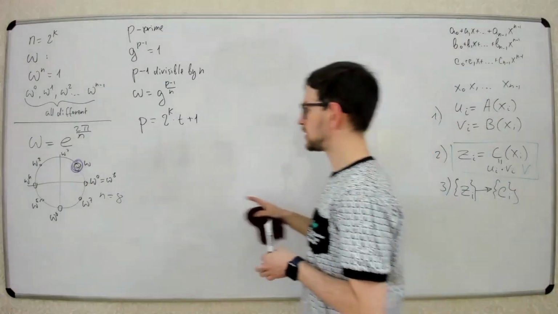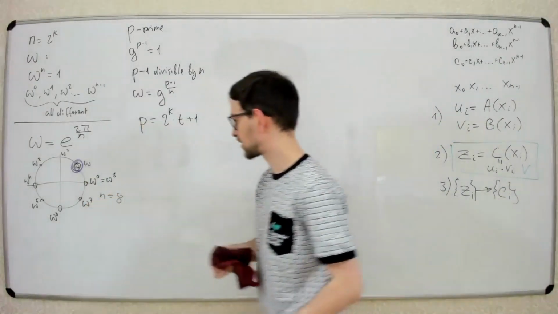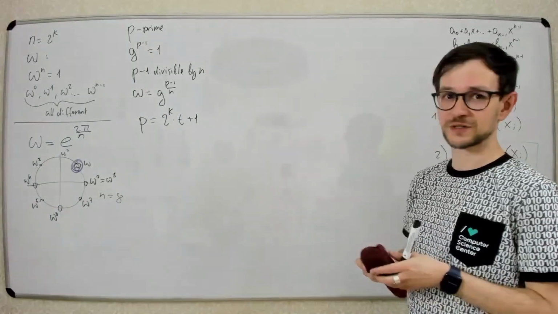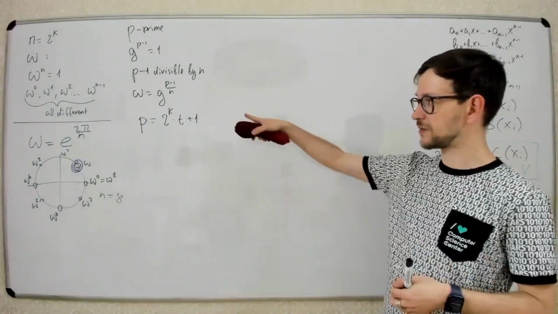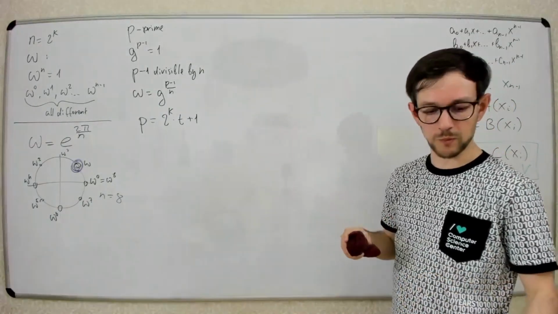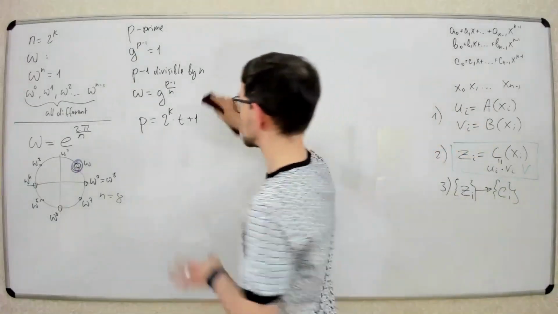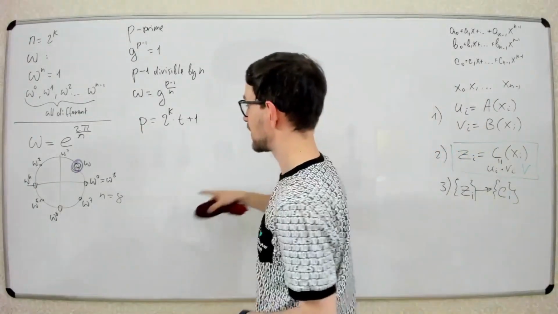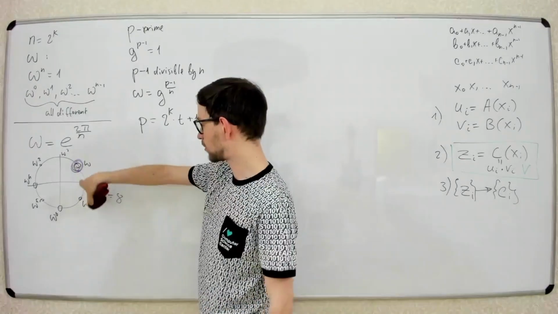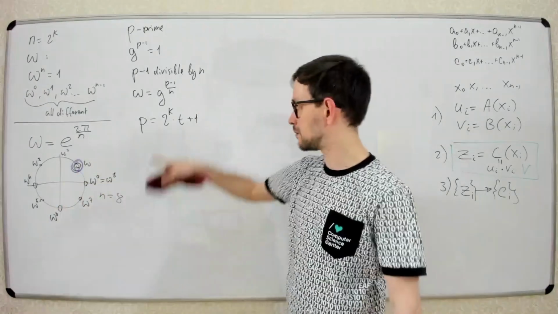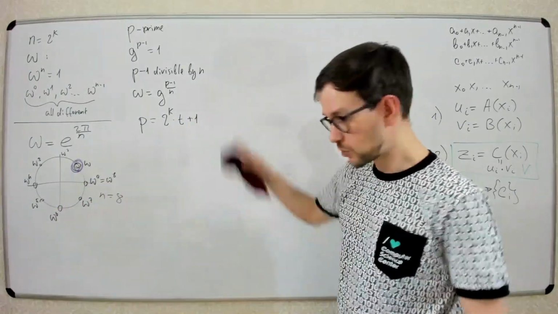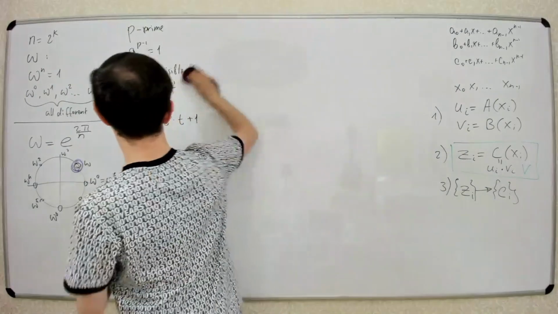Okay, let's think mostly about complex numbers. But you can do the same trick using prime moduli. I'll think about complex numbers, but you can do the same with prime moduli if you have a good prime modulus.